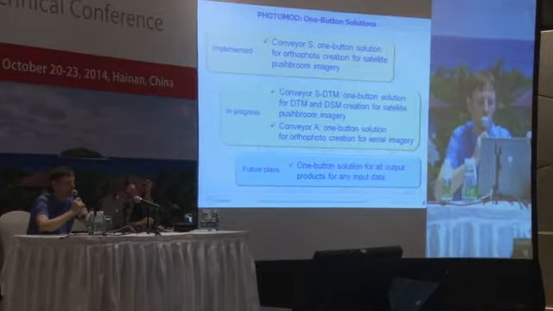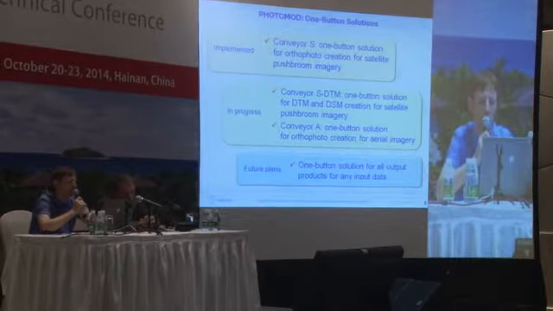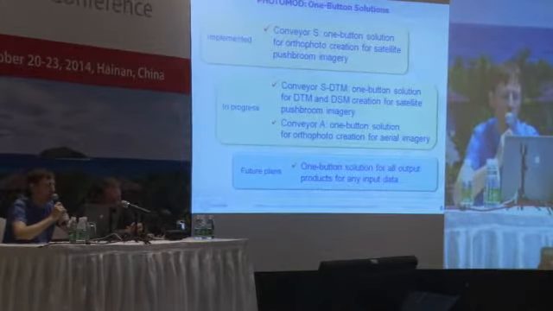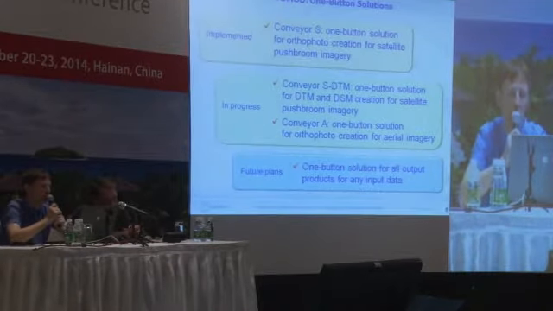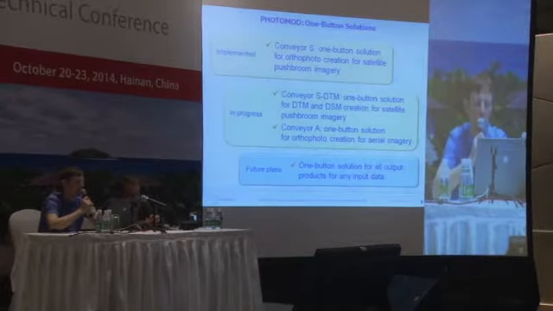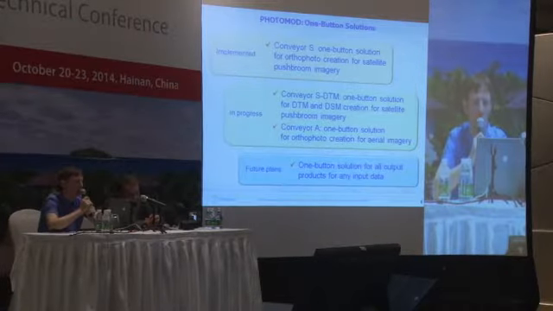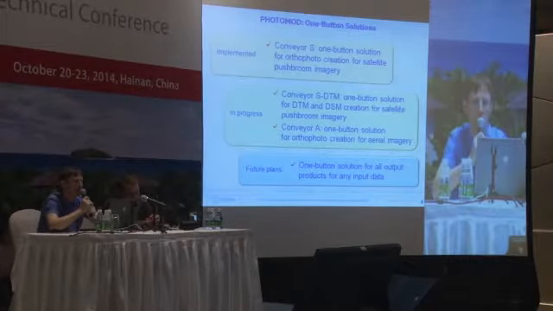Now we're working on two products which include conveyor SDTM. This is a conditional title, again a one-button solution for digital terrain model and digital surface model creation for satellite push-broom imagery, and conveyor A. This is a product similar to conveyor S for orthophoto creation, but only for aerial photography.